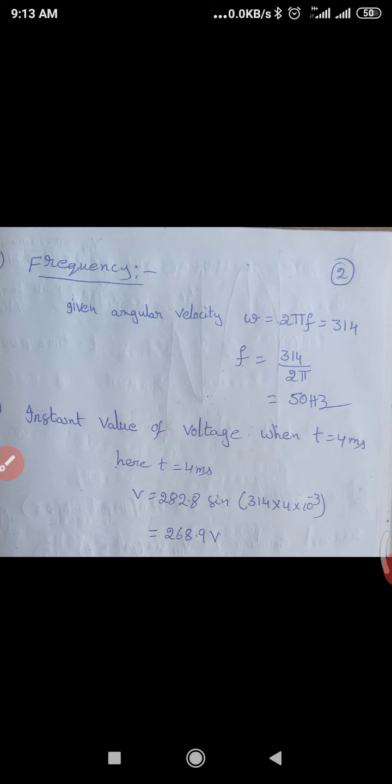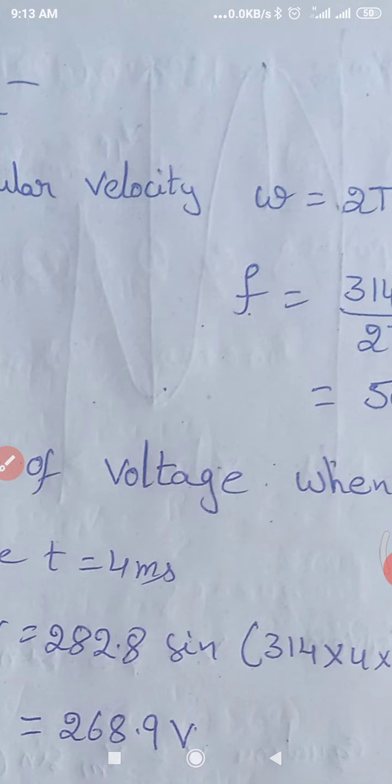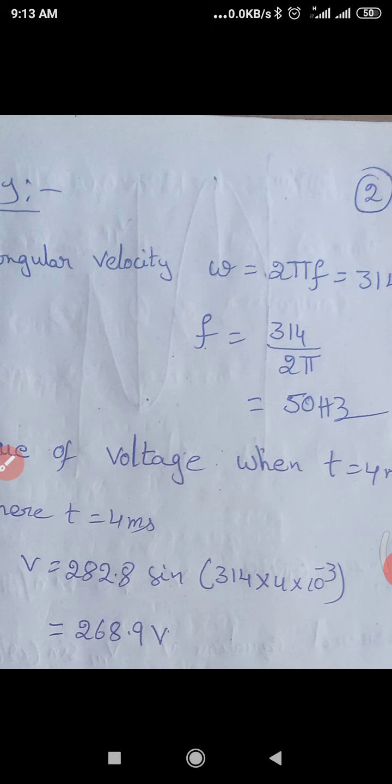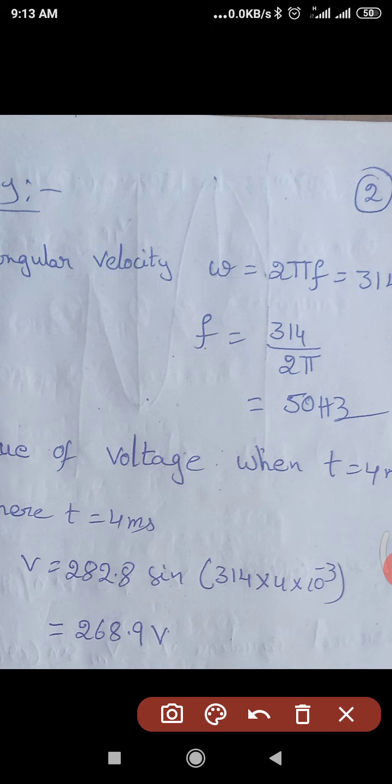Next, the instantaneous value of the voltage when t is equal to 4 milliseconds. Instantaneous value means nothing but the value at a particular instant. So at t is equal to 4 milliseconds, what is the value of the given waveform? That is the question asked here. Already we know all the values, so just substitute t is equal to 4 into 10 to the power of minus 3.